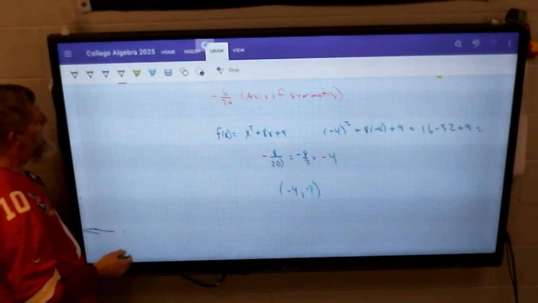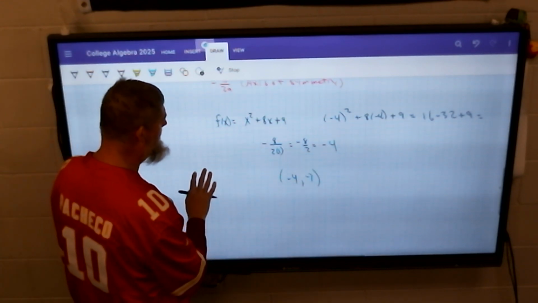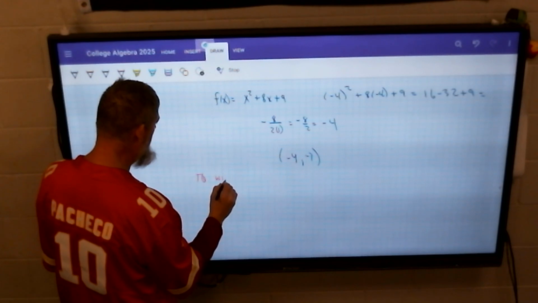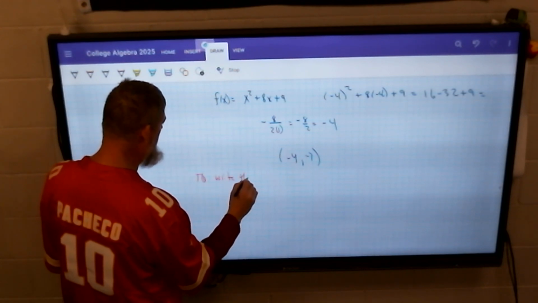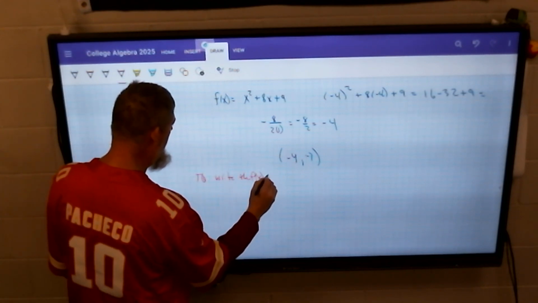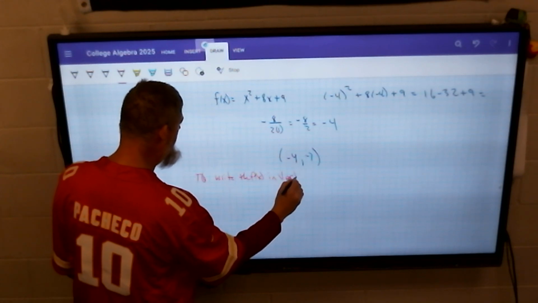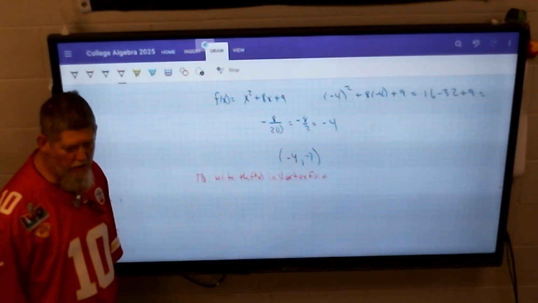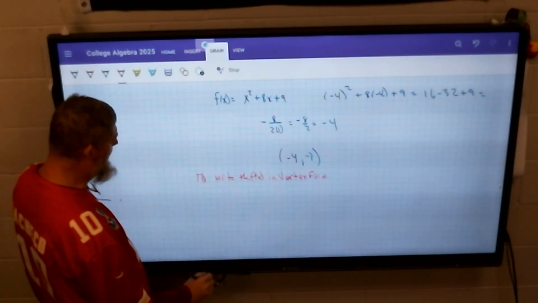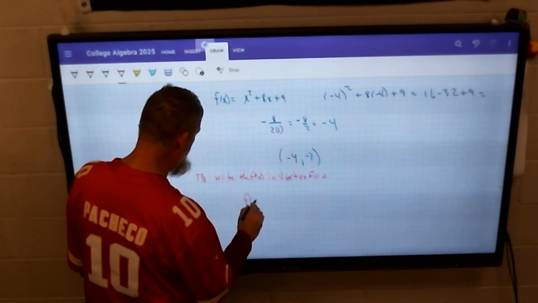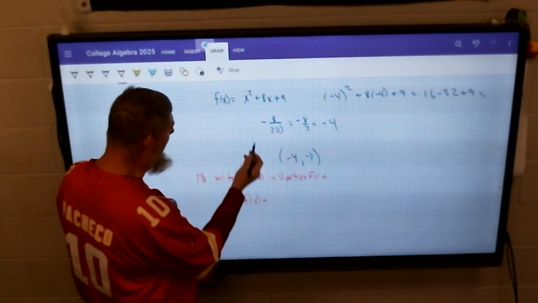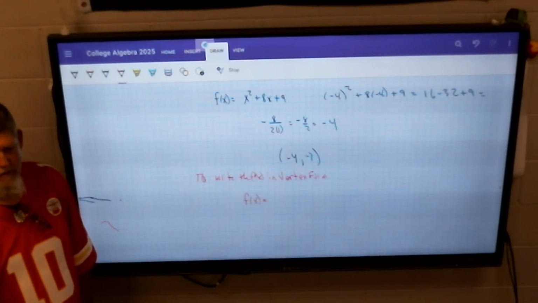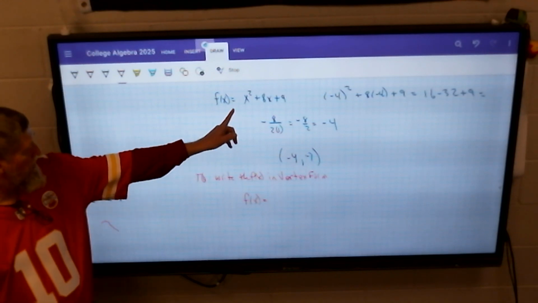Now, if I were to ask you, and this is a test question, write the function in vertex form. Because vertex form is easier to graph, so let's write it in vertex form. So f of x is going to be equal to, what's a in this case? What's in front of the x squared? 1.